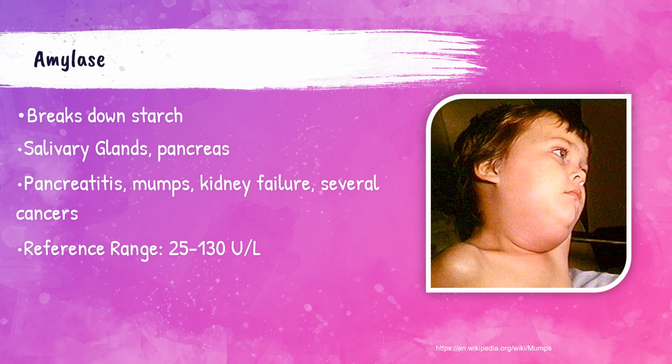You can see on this picture on the right-hand side of the slide a child that has mumps. This is a contagious viral illness that causes a swelling of the salivary glands, and usually patients have a fever with it. The normal reference range for amylase is around 25 to 103 units per liter.